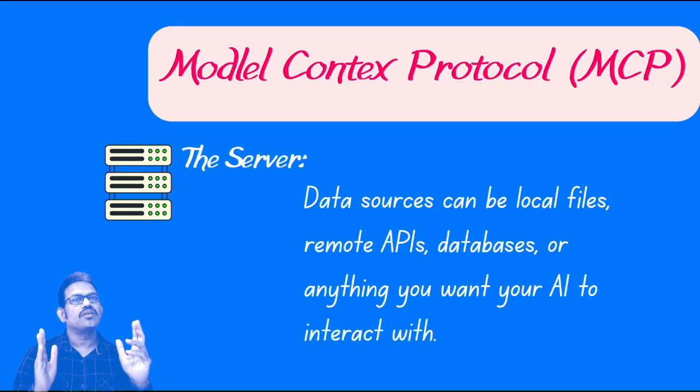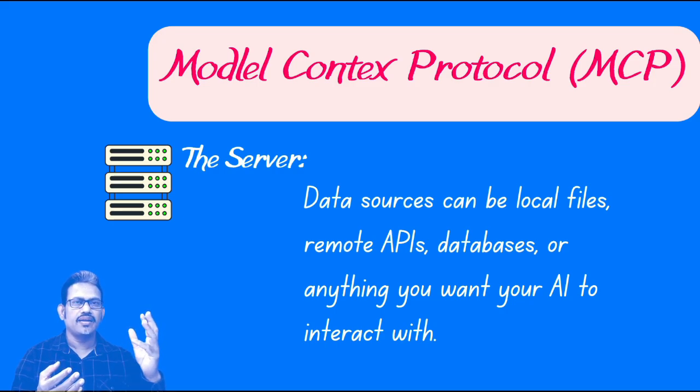Data sources for the server can be local files, remote APIs, databases, or anything you want your AI to interact with. I mean your application's backend, backend database, API, platform. This enables the LLM to expand its capability to application-specific features or get access to real-time information. The MCP server acts as a bridge between external capabilities and the large language model.